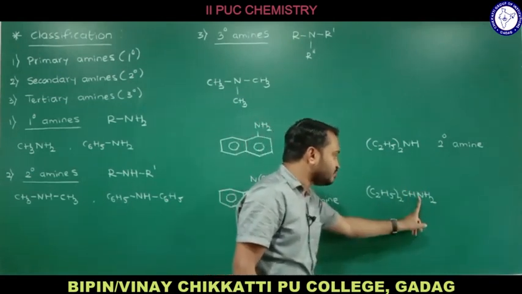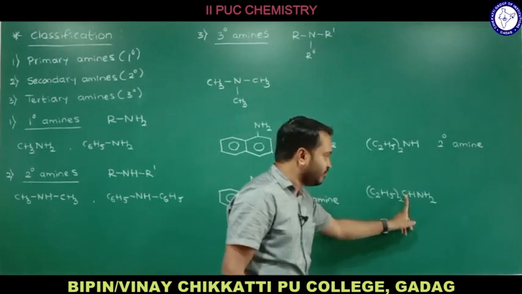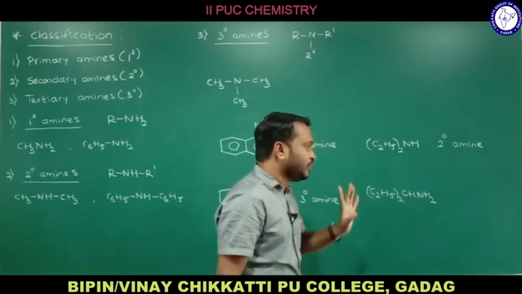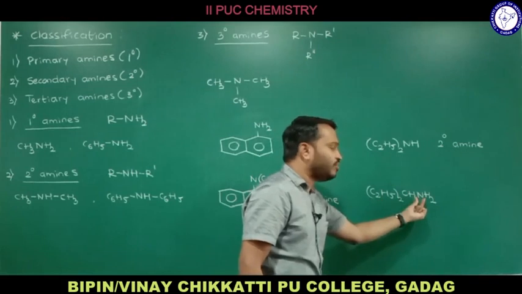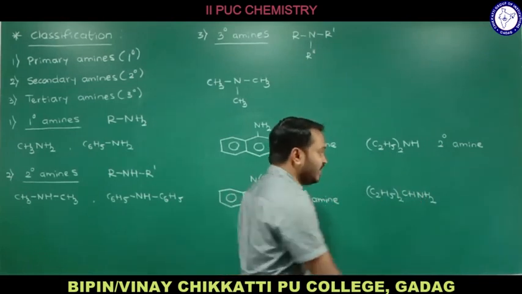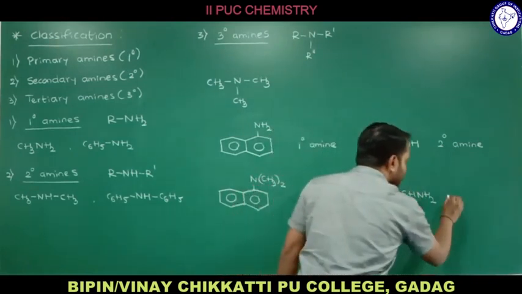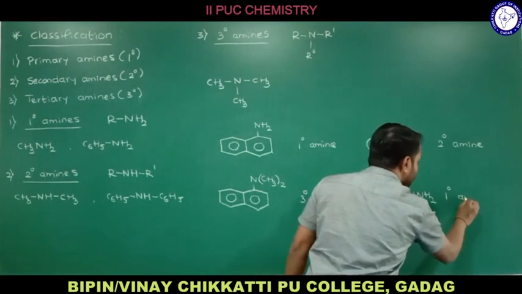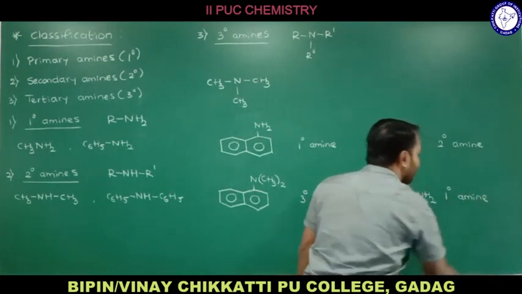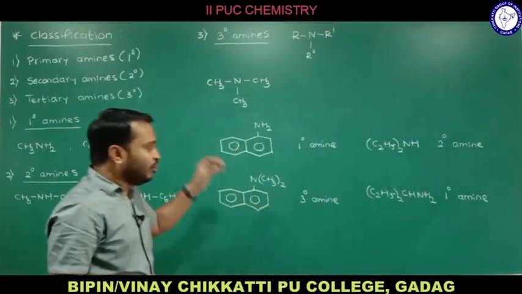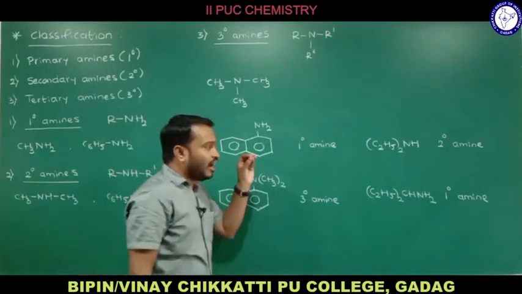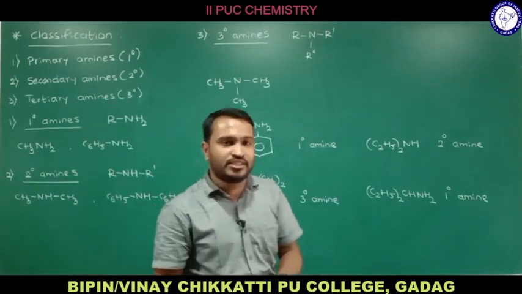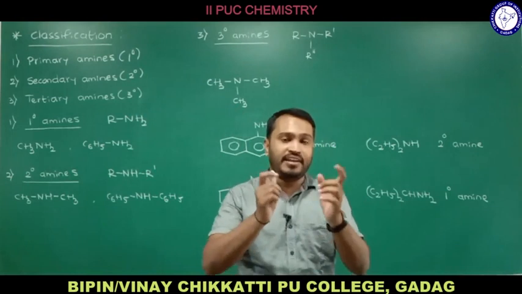One hydrogen has been replaced with this particular group with carbon linked to the two ethyl groups, but we need to see how many hydrogens are replaced here. In this case only one hydrogen has been replaced. Therefore this belongs to a class we call a primary amine. So this is how, based on the number of hydrogens replaced, we can predict the type of amine.